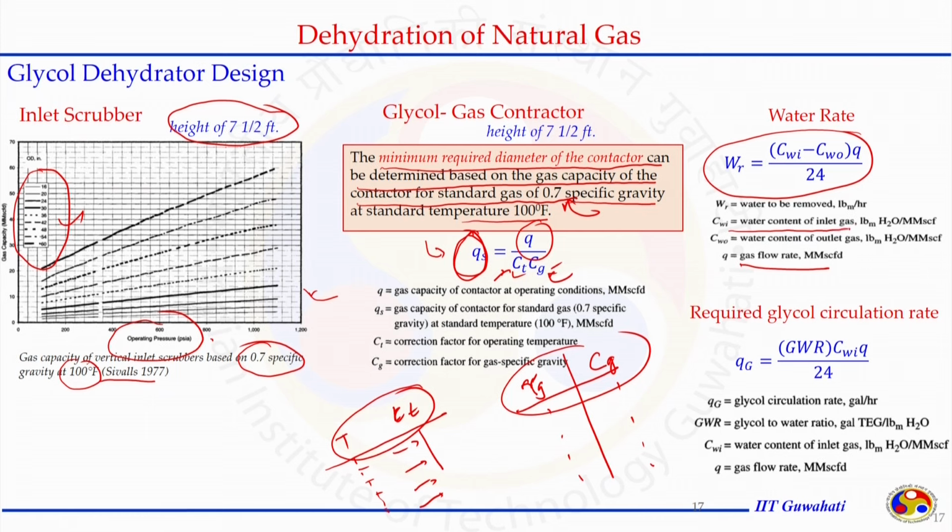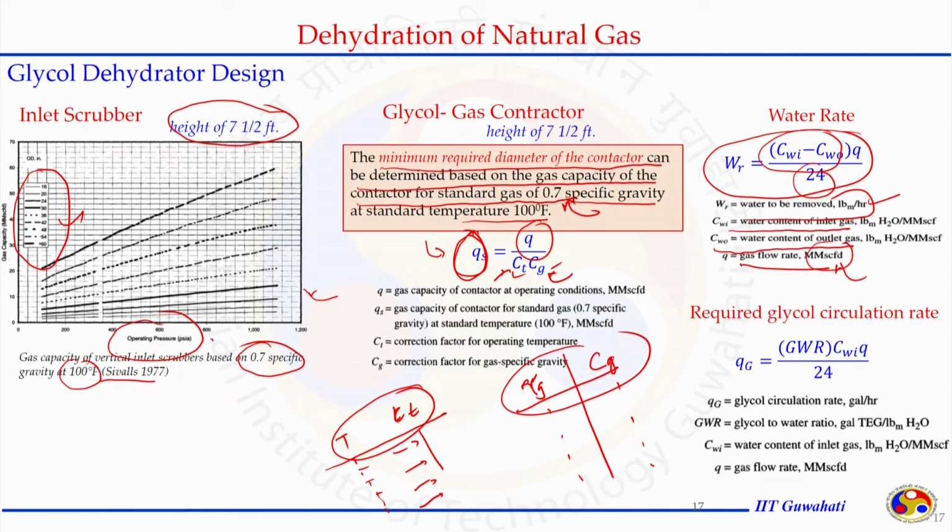Cwi is the water content of the initial gas, that is the wet gas, and Cwo is the water content of the outlet gas, that is the dry gas. If we take the difference of that, multiply by the gas flow rate divided by 24, that is just for unit conversion, because the water removal is calculated in terms of hours, while the gas flow rate is in terms of per day, we can calculate the amount of water that could be removed from this process.